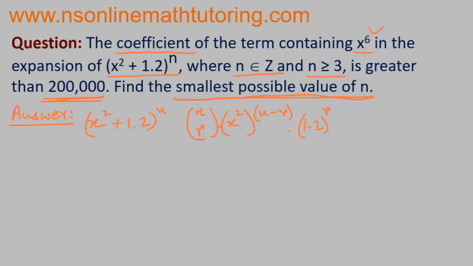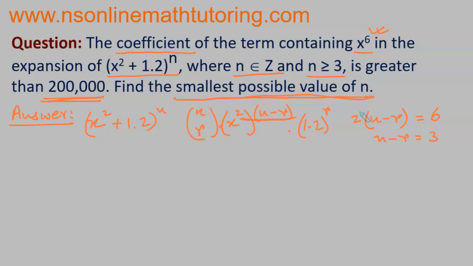And they have given the power of x as 6 and the power of x in the general term expression is 2 times n minus r. So that way, these two will get equated. So it is 2 times n minus r is equal to 6 or n minus r is equal to 3.